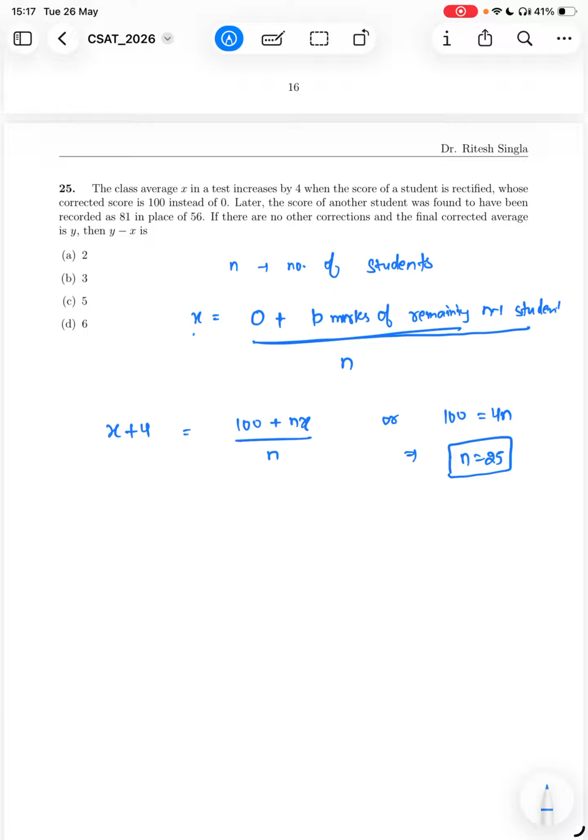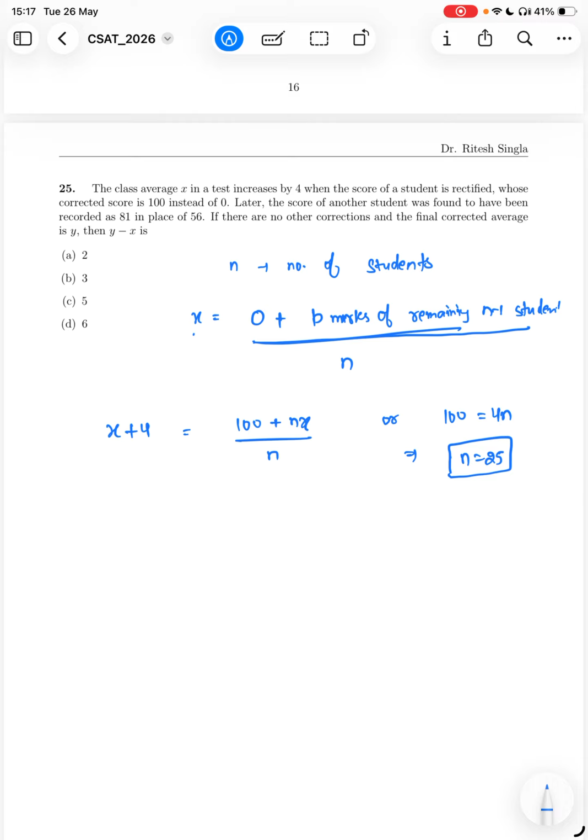Okay, later the score of another student was found to have been recorded as 81 in place of 56. So again we can play with it here: earlier the score was 81, now the score is 56. There are no other corrections, and the final corrected average is y.